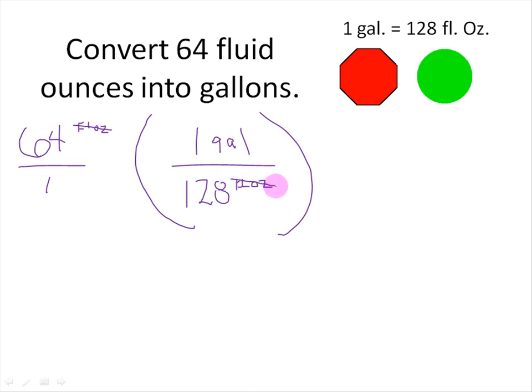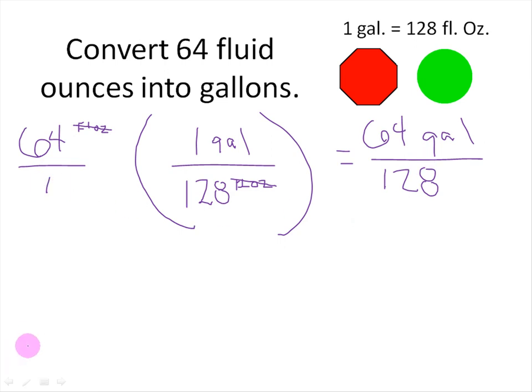I can cancel them. Now I have 64 times 1 gallon. So I have 64 gallons per 128. And this is a pure number because I've canceled the units, so I just have 1 times 128.